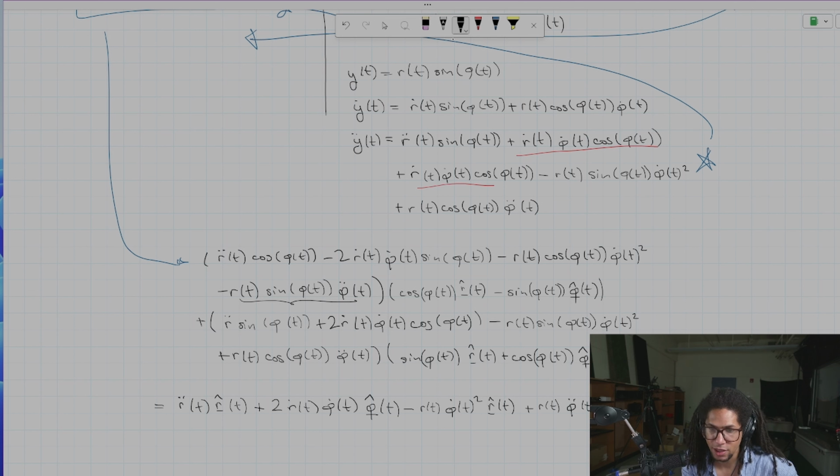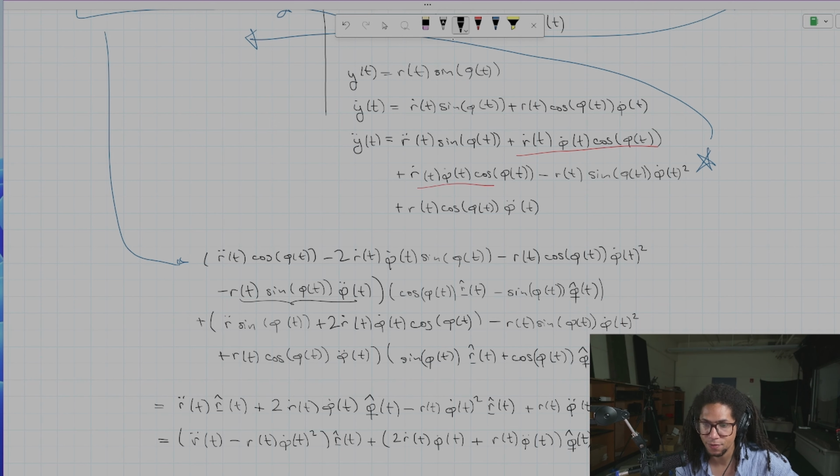And I can combine these, right? So I'll get r double dot of t minus r of t phi dot of t squared times r hat of t plus 2 r dot t phi dot t plus r of t phi double dot of t times phi hat of t. Great.